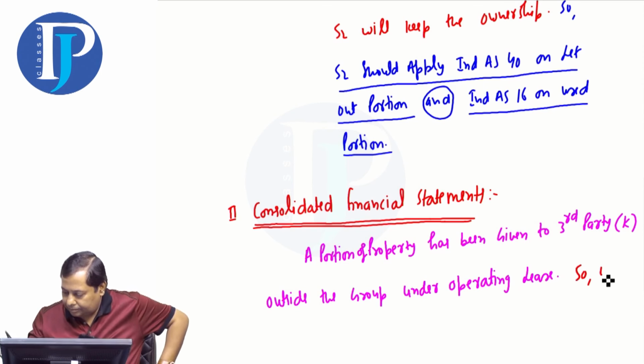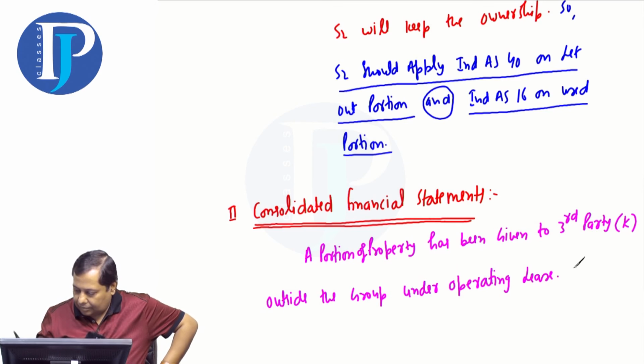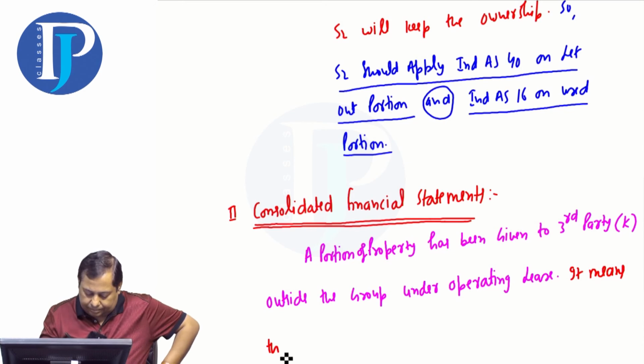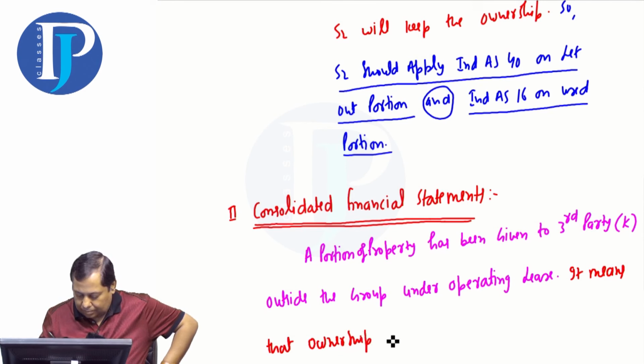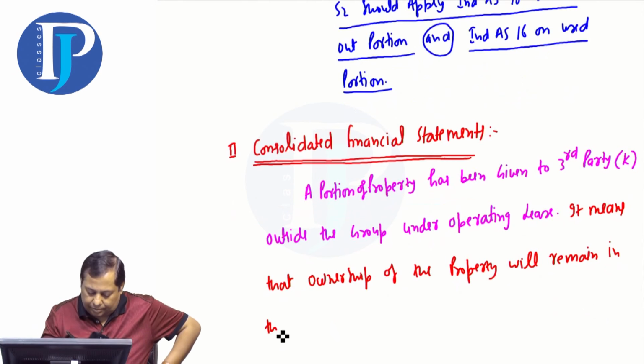So now write another line here. It means that ownership of the property will remain in the group.